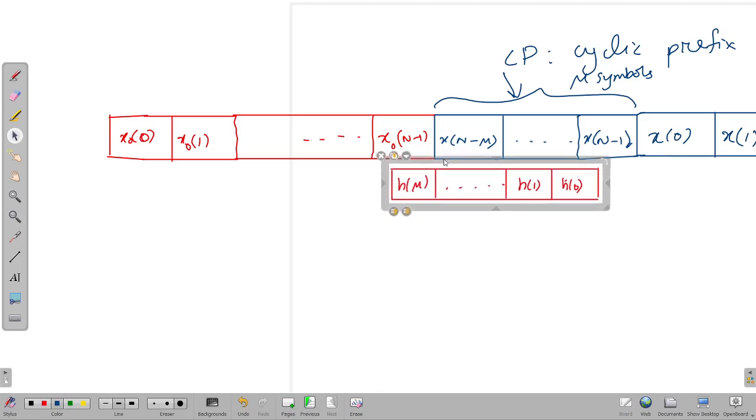It happens till this point where here you have mu number of symbols. I'm not considering h of mu, here mu number of symbols, and here you have mu number of symbols which belongs to a cyclic prefix. You will have ISI up to there, and let us see something interesting happening now.